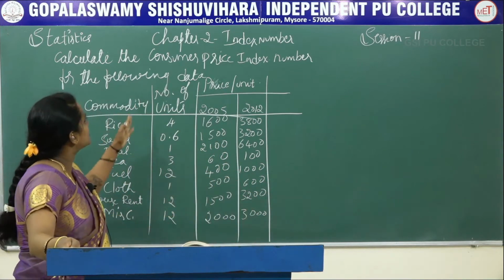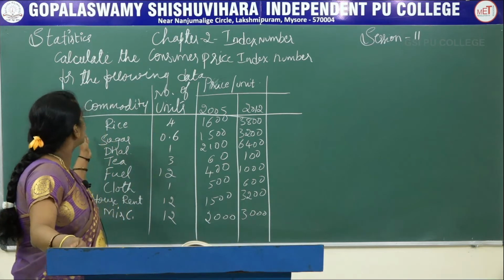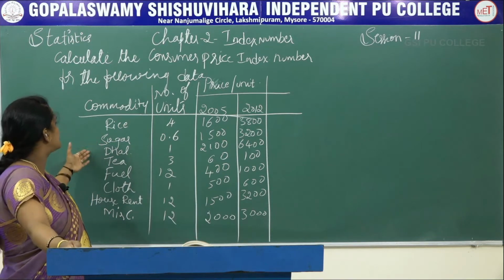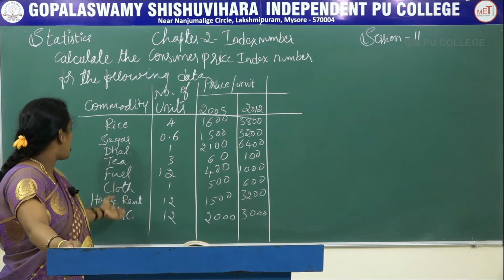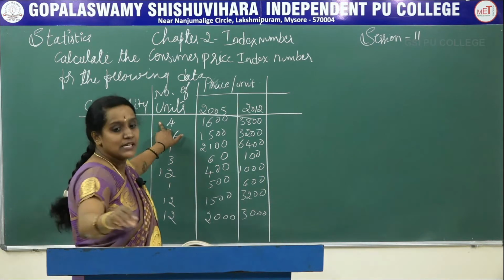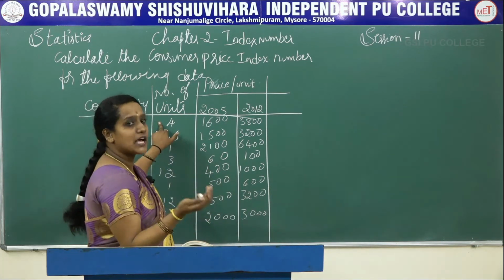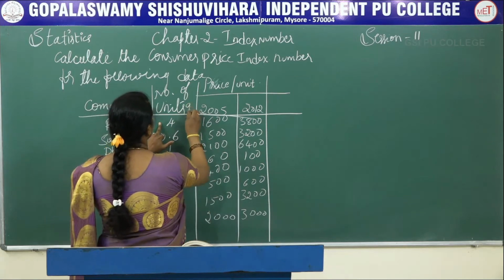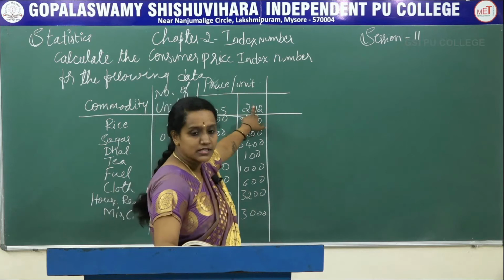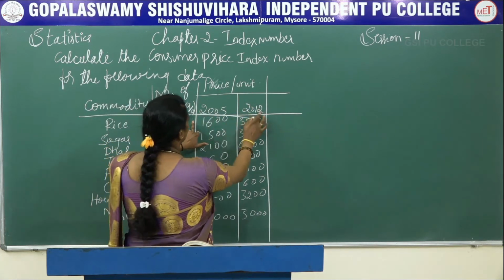we have to calculate the consumer price index number for this given data, and here they have given the commodities, our day-to-day life's commodities: rice, sugar, dal, tea, fuel, cloth, house rent, miscellaneous, etc. and number of units. Here the number of units is nothing but how much quantity we are consuming, and I'll denote this as Q naught, and price per unit, under 2005 and 2012.